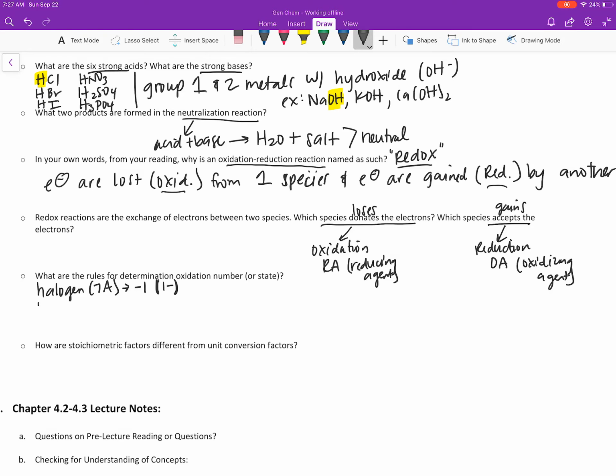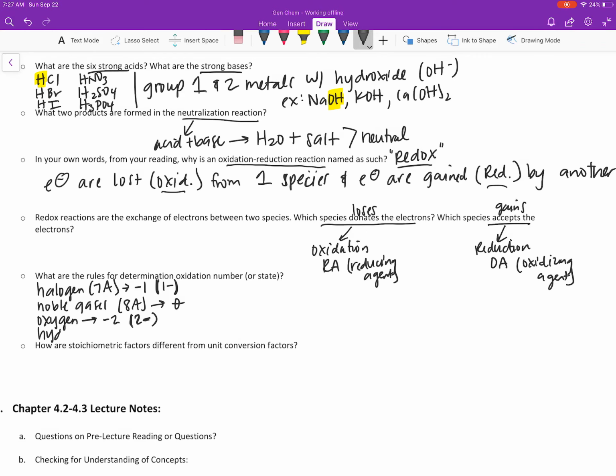And then we're going to have our noble gases, group 8A, and these tend to be what we call neutral, so their oxidation number or oxidation state tends to be 0. Then we have oxygen by itself, so not the group, but just oxygen alone. It tends to have a -2 or a 2 minus charge.